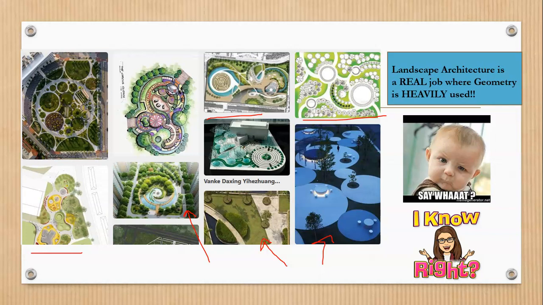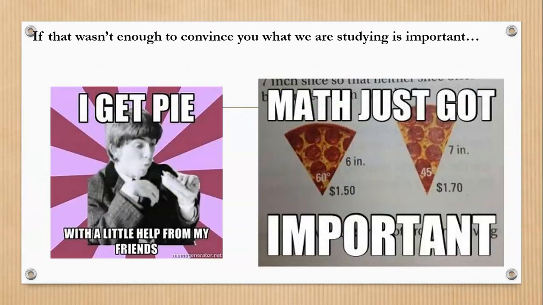The geometry you're studying right now can literally be applied to this profession to make these places for people to use. And if that wasn't enough to convince you, then we're going to look at some problems with pizza and deciding which size pizza to get, like the most amount of pizza for your money.